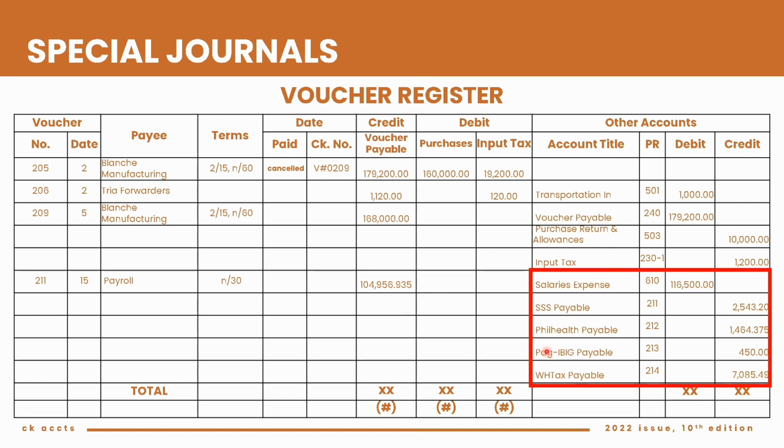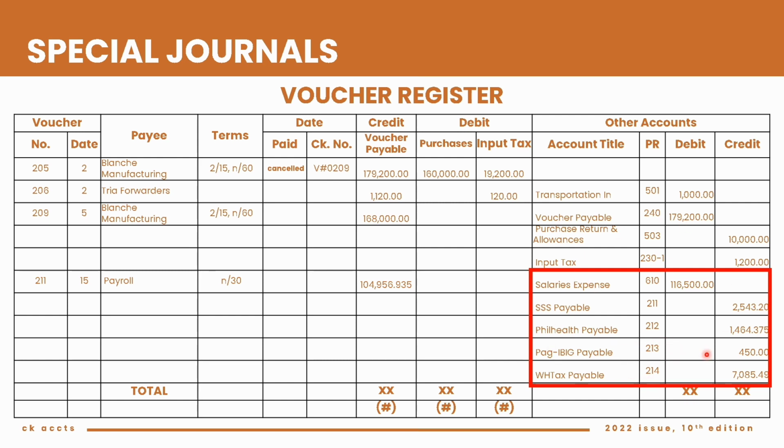Then under other accounts, you will see many entries here. First is salaries expense, which is 116,500, and SSS payable, PhilHealth payable, Pag-ibig payable, and withholding tax payable.